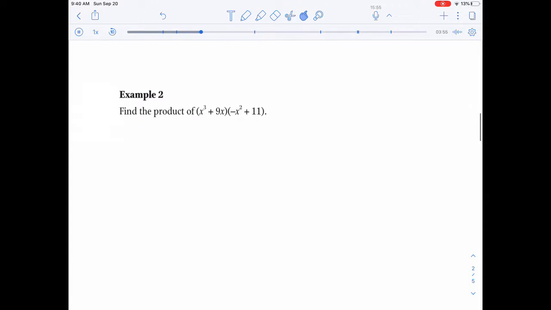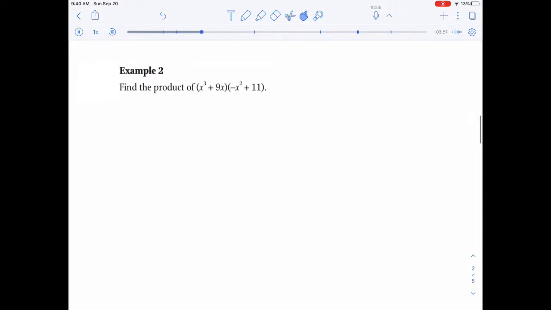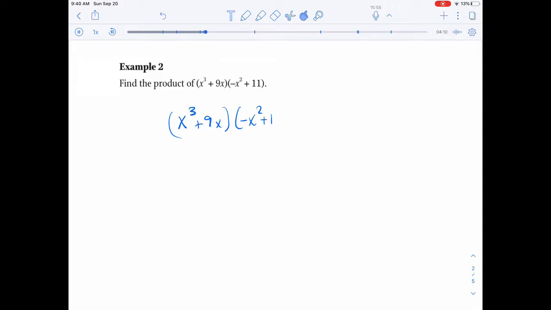Find the product of the sum of x cubed plus 9x and a negative x squared plus 11. So let's write down the expression x cubed plus 9x multiplied by a negative x squared plus 11. Let's distribute the x cubed to a negative x squared. So I have the product of x cubed and a negative x squared.